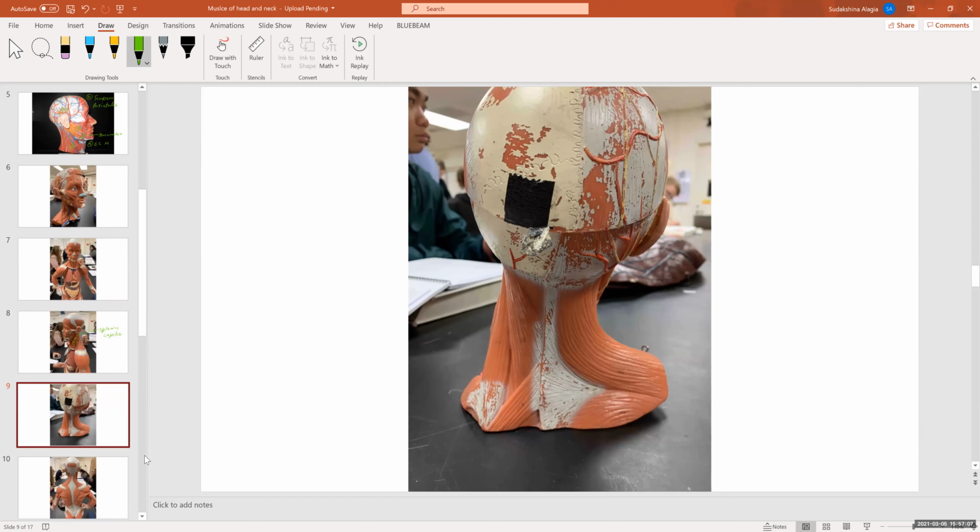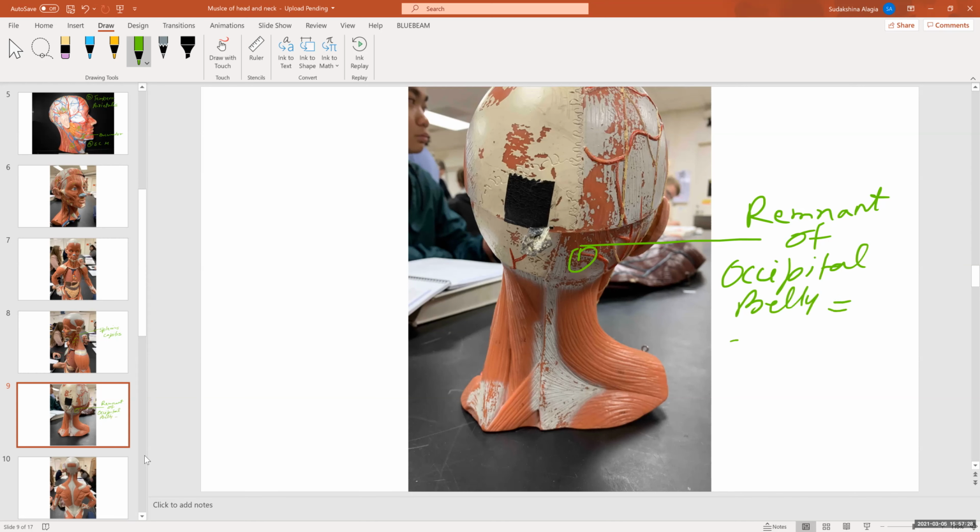So this is a nice one. Here, you don't really see the occipital belly, but a little here. This is the remnant. I won't say it's the whole muscle, but it's the remnant of the occipital belly of occipitofrontalis.